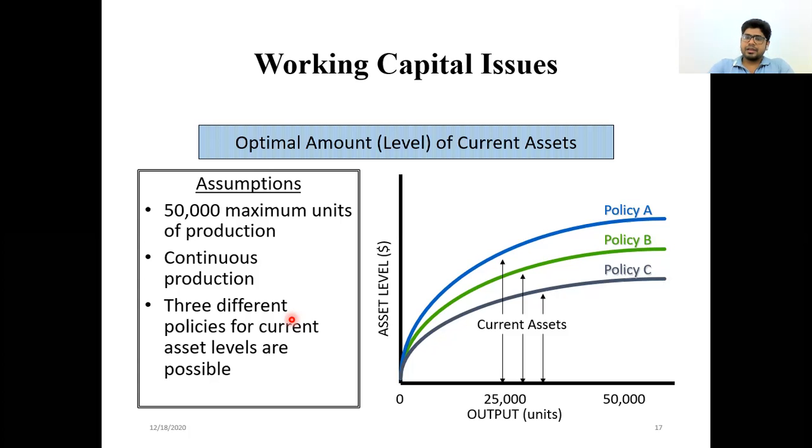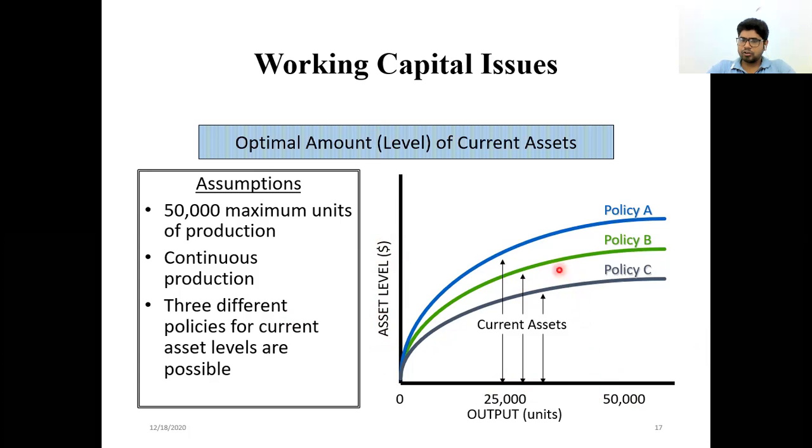Here you can find a graph in the slide. On the vertical axis, the level of assets in terms of monetary value, in dollars, and on the horizontal axis, the level of output, the number of units of production.